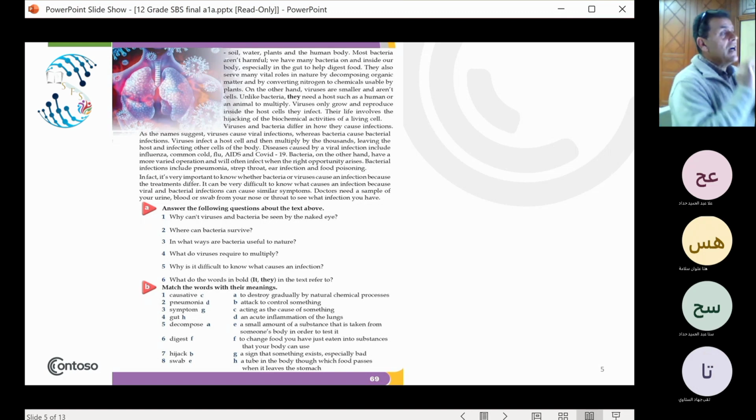Why? To help digest food. They also serve many vital roles in nature, not only inside our bodies, by decomposing organic matter and by converting nitrogen into chemicals usable by plants.